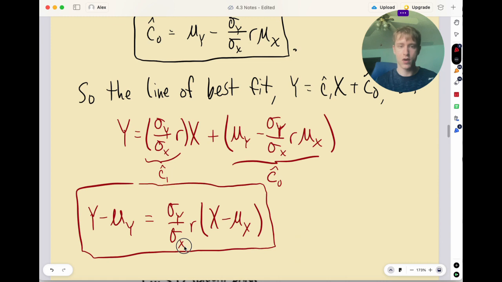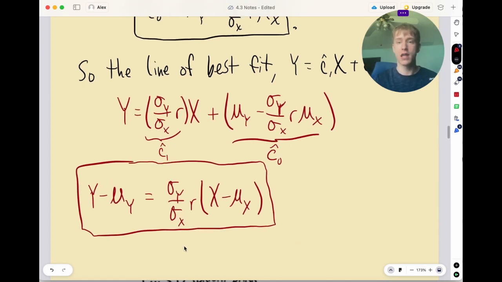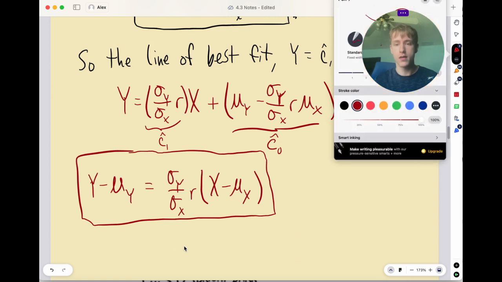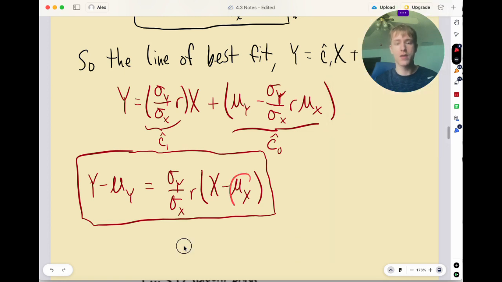Okay, the reason that I wrote it like this was this is point slope form of a line, which has a really nice interpretation, and it basically states that the line of best fit goes through an ordered pair that is simply the mean of x and the mean of y, and it has this kind of odd slope, okay?